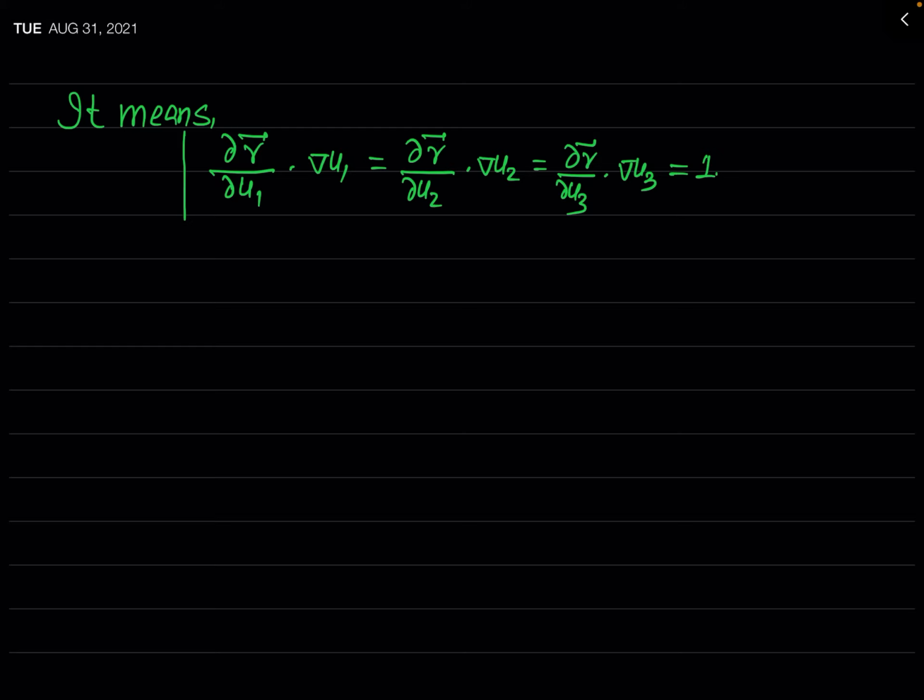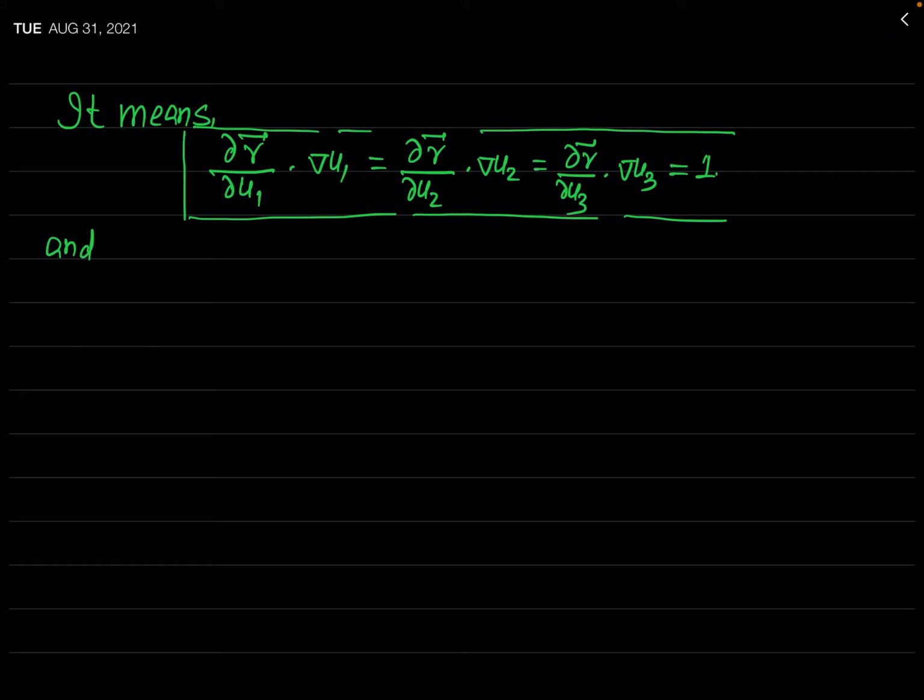Actually, this is a most important result, and it will be used very frequently when you solve numerical problems based on this concept. At the same time, the scalar product will be 0 when you take the scalar product of tangential and normal vectors of different nature.